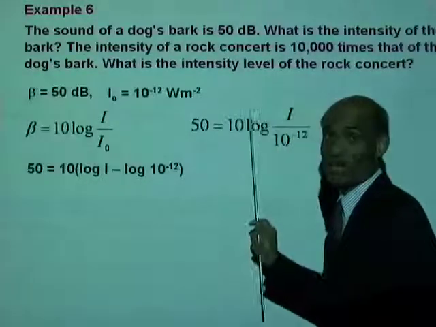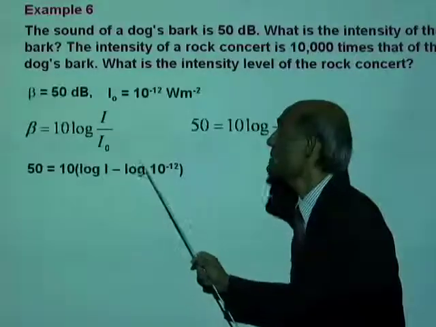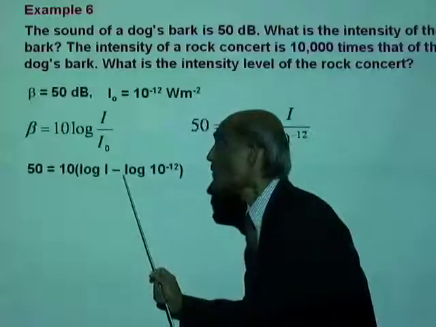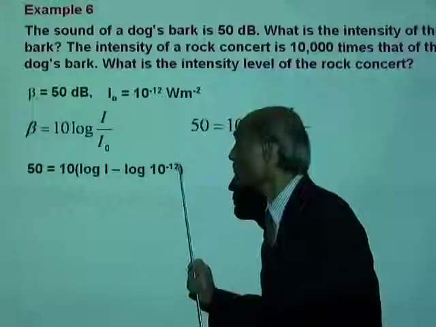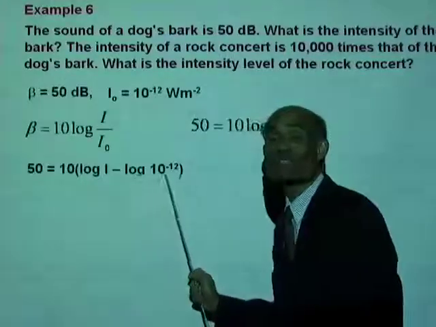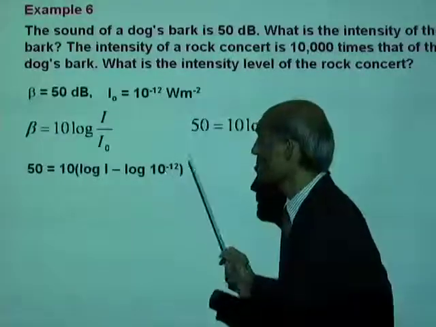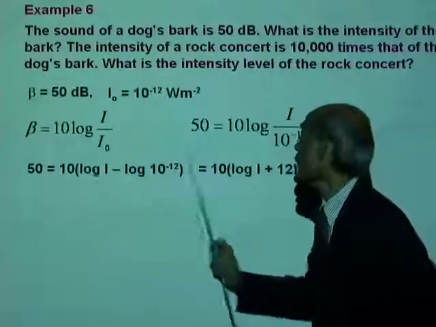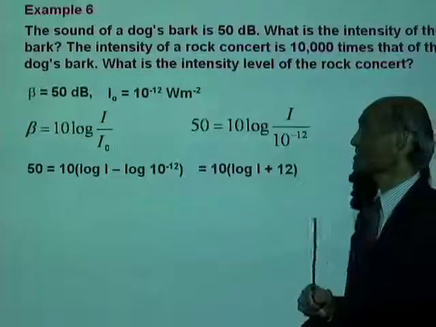You understand that? Log of A over B is log A minus log B. Alright, can you tell me what is this log of 10 to the power of negative 12? Log of 10 to the power of negative 12 is negative 12. There you are. So that will be 10 times log I minus negative 12, which is plus 12.